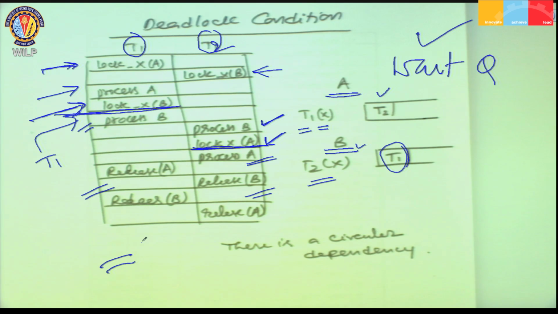Instead of getting into an inconsistent situation, it is better to face a deadlock condition. In some cases, of course, it is not true in all cases, but in most cases, instead of having an incorrect database state, it is better to encounter a deadlock situation and try to resolve that in a proper way.